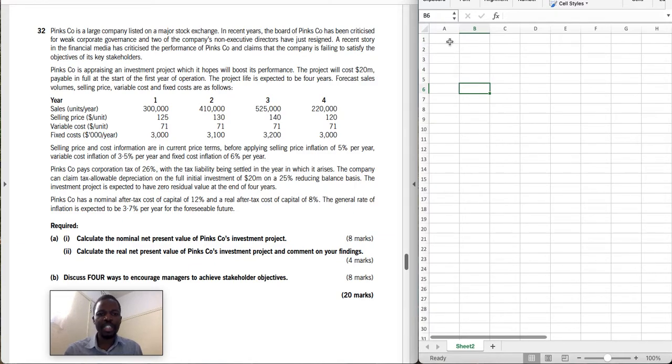Let's do the calculation together. Now, NPV, Pink Co. We'll start with workings.